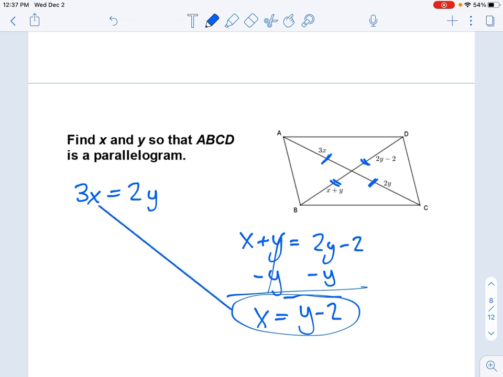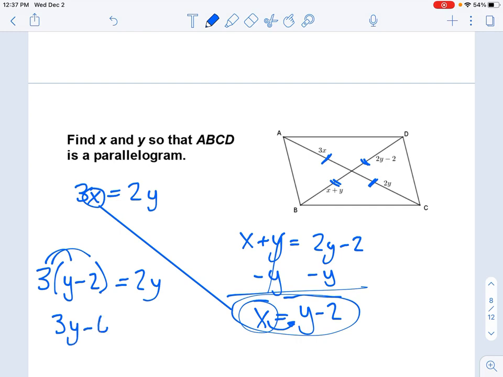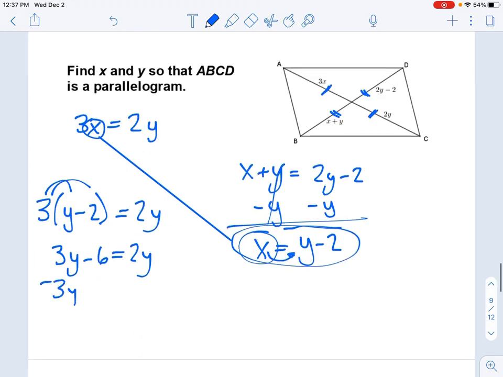So I'm going to have 3 parenthesis y minus 2 because I'm replacing this x with this information right here equals 2y. Then I'll distribute. So 3y minus 6 equals 2y. And then I will finish solving.